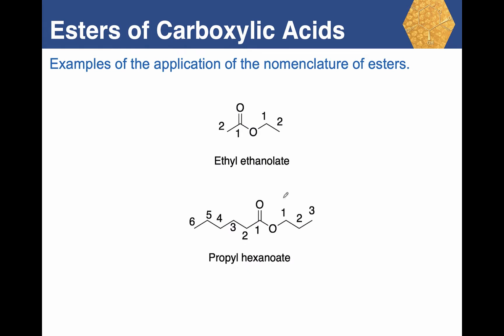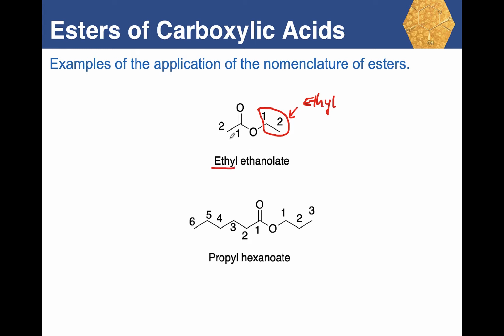We have some more examples here. So here is an ester. How do we know it's an ester? Because here's a functional group here for the ester. We identify the group that's bonded to the oxygen, 2 carbons, so this becomes an ethyl. And that comes first.